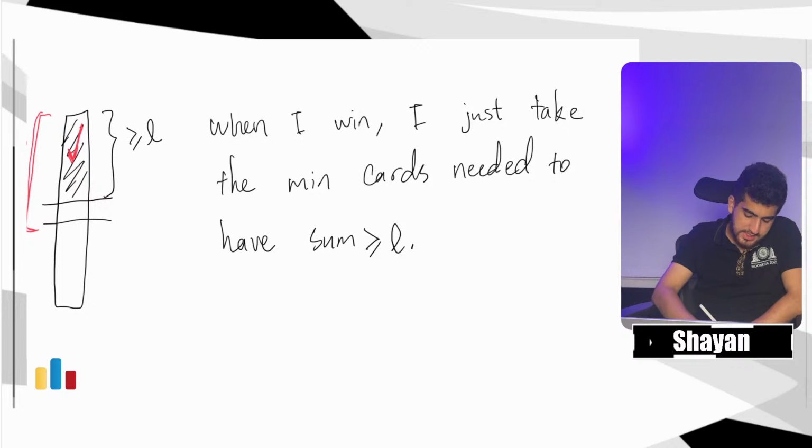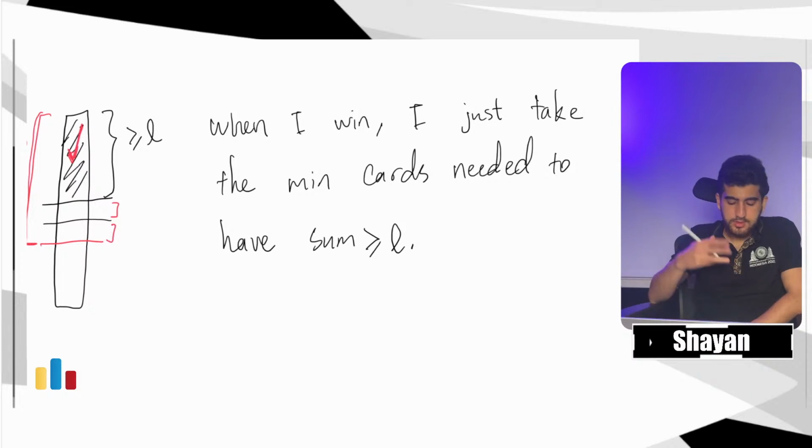And then those additional elements that I did not use, for example, if in the optimal answer I use these ones, I can just remove these additional elements individually, one by one.